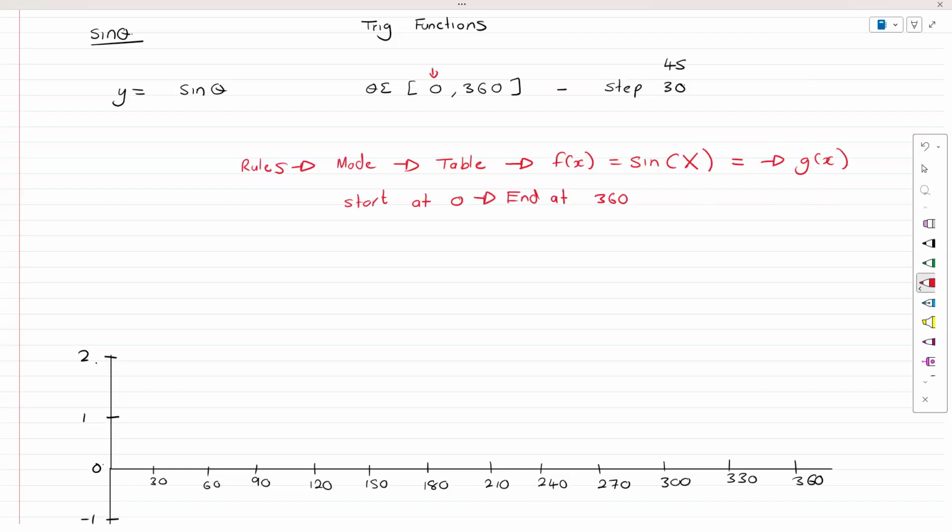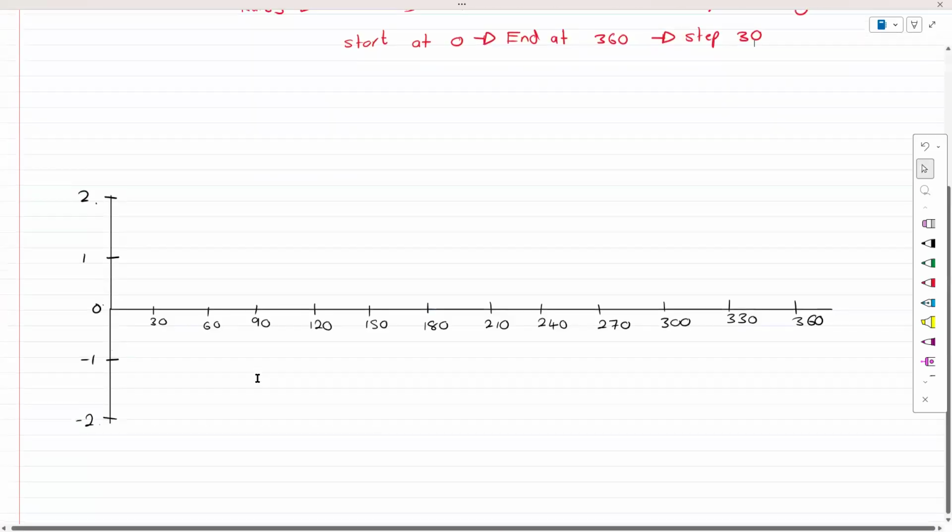And for my graph, we're going to step in 30s. So again, we're going to put sine of x. Start at 0, end at 360, step in 30s. And the graph would be generally quite simple.